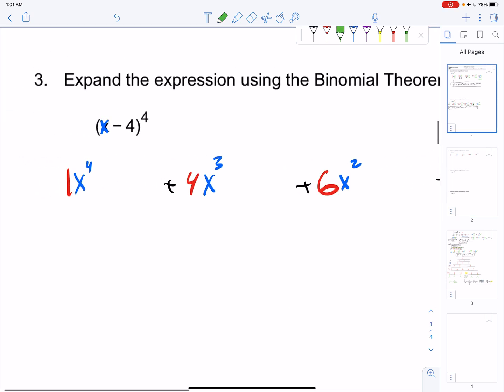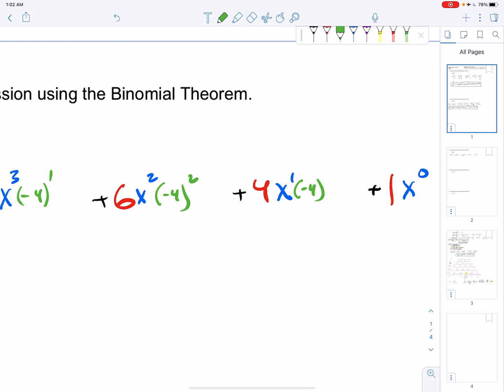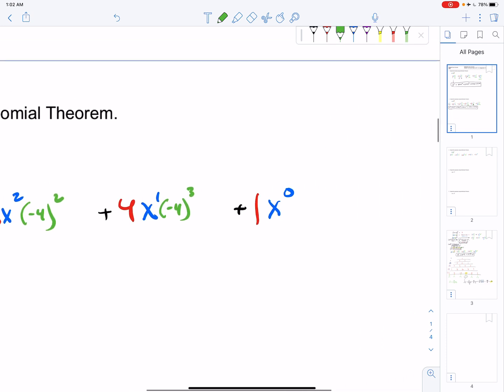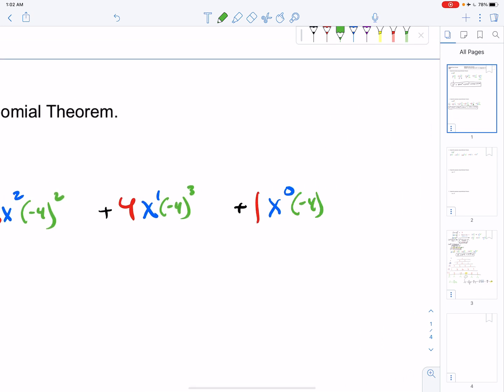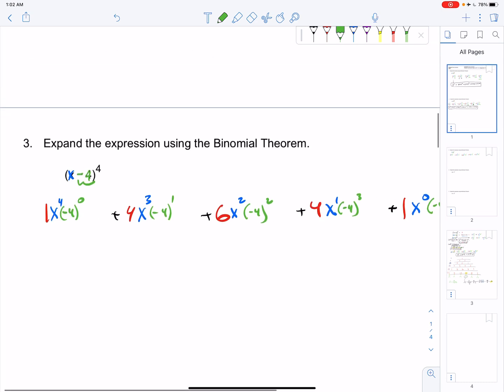Now next, you have to take the sign. That's the trick. This is negative 4 to the 0, negative 4 to the 1st, negative 4 to the 2nd, negative 4 to the 3rd, negative 4 to the 4th. Remember, each term must add up to the 4th power.